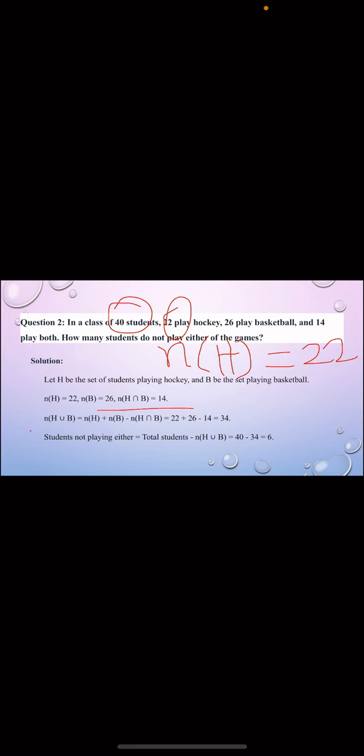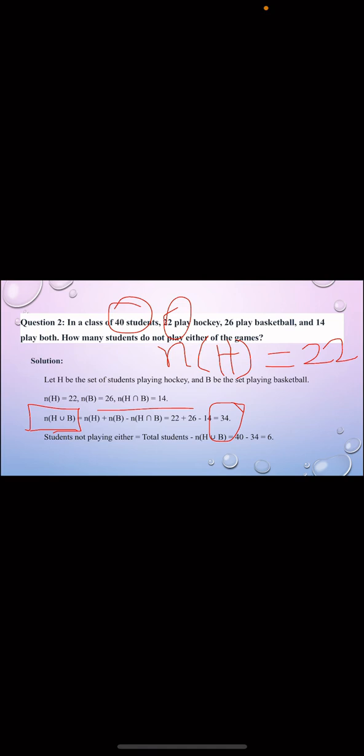So we use the N of H union B formula: N of H plus N of B minus N of H intersection B. If we substitute the given values, we get 34 students playing either hockey or basketball.